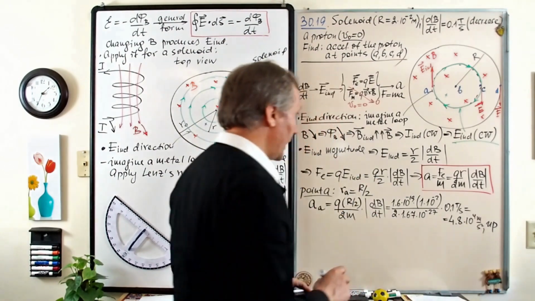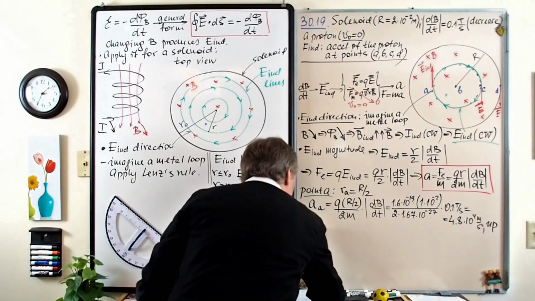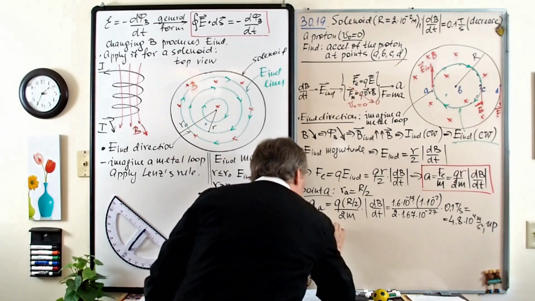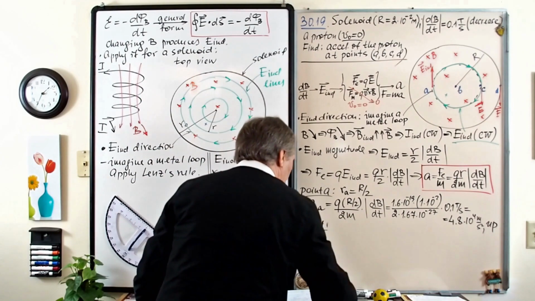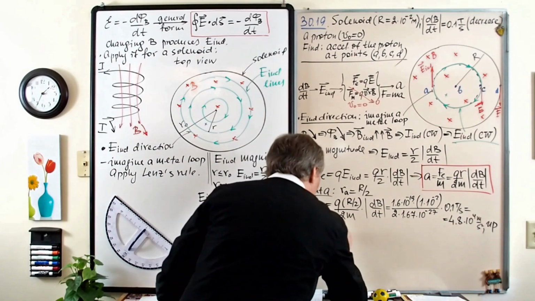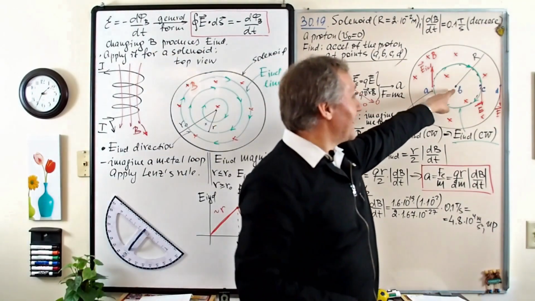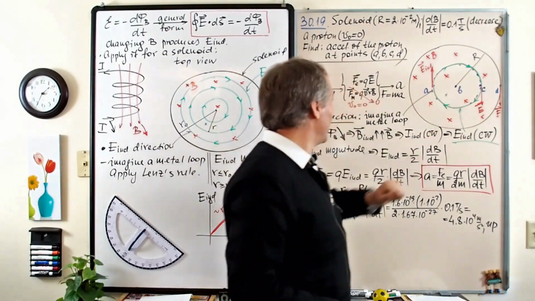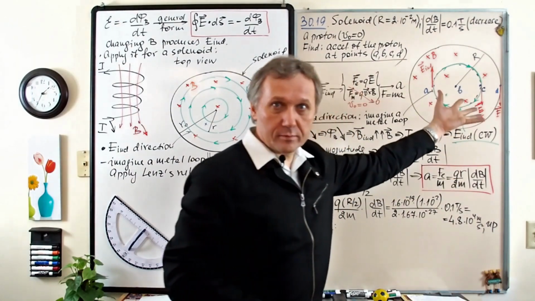So that's point A. Now let's discuss point B, at the center of the solenoid. What is the radius at point B? It is 0.